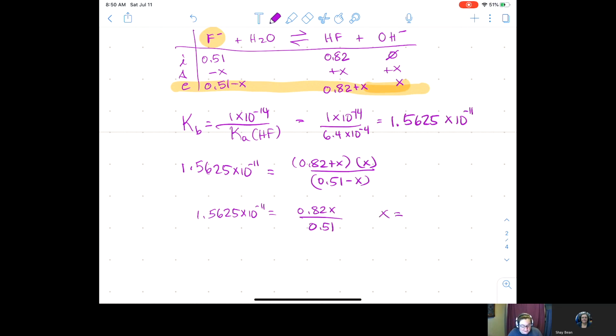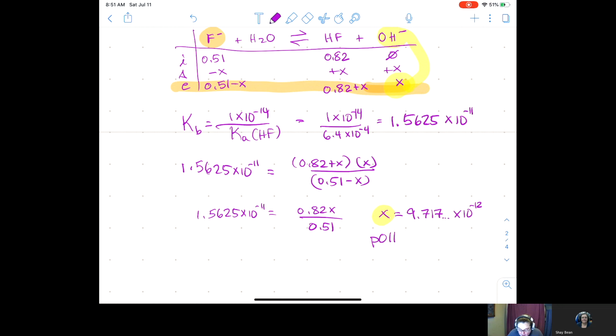This becomes a very simple mathematical problem. Let me punch it in. And I end up with 9.717 times 10 to the minus 12. Indeed, I've got a very, very small number. So the approximation is fine. Remember that my x, in this case, is the OH minus.